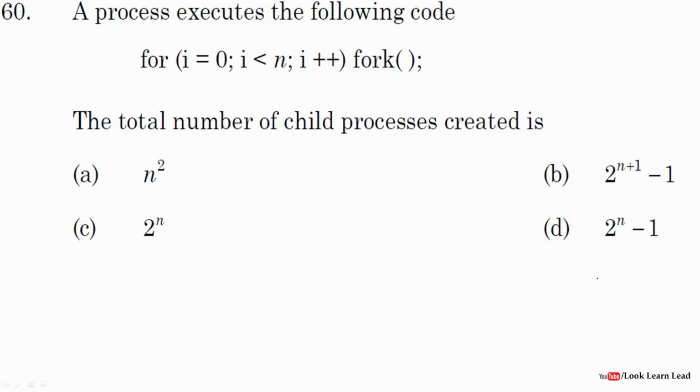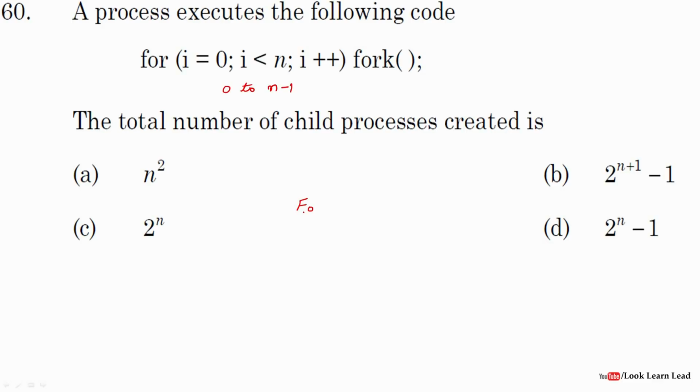A process executes the following code. This is the logic of fork. Whenever a fork is called, a child process is created. Now we have a loop from 0 to n minus 1. When i equals 0, one child process is created for this fork.